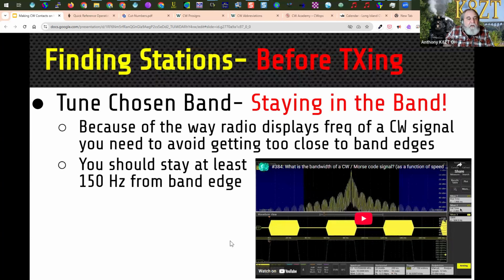Well, fortunately it's a lot narrower on CW, but I would still suggest you stay 150 hertz, not kilohertz, 150 hertz away from the band edges. That should keep your whole signal in, unless you really have a wide CW signal, and then you've got other problems to deal with. With a normally operating radio, you should be perfectly safe with about 150 hertz.